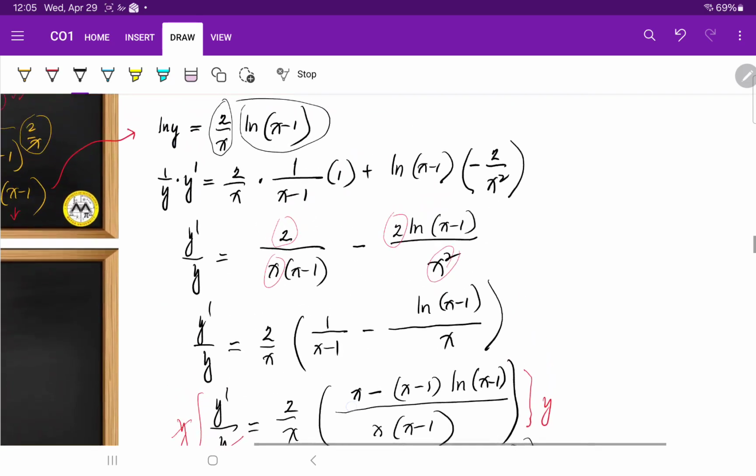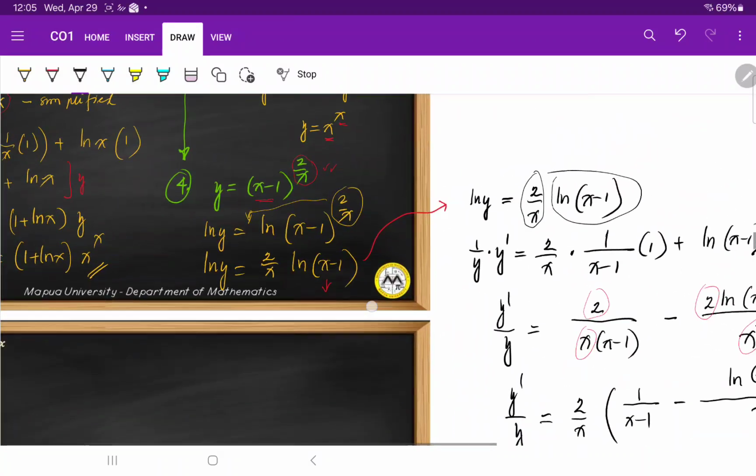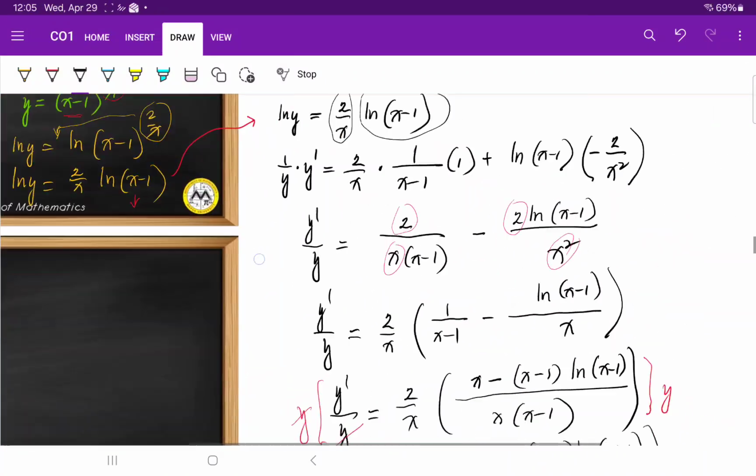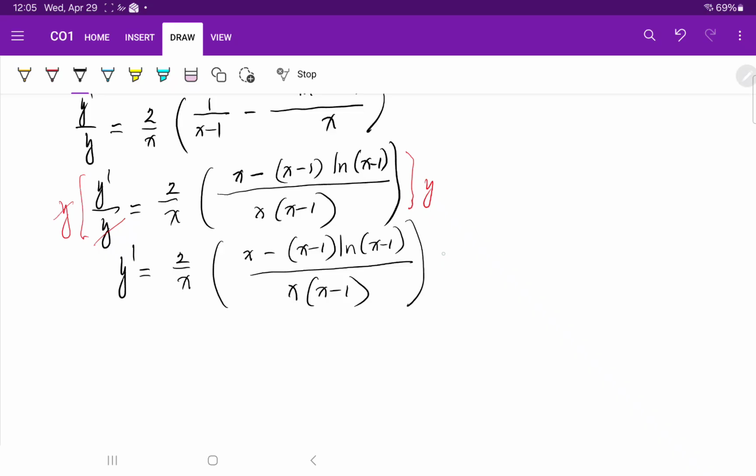And your y is, we started with this one. y is x minus 1 to the 2 over x. So this is x minus 1 to the 2 over x. Okay, so we can simplify further because we can write this as 2 times what? Because we can multiply this and this one.